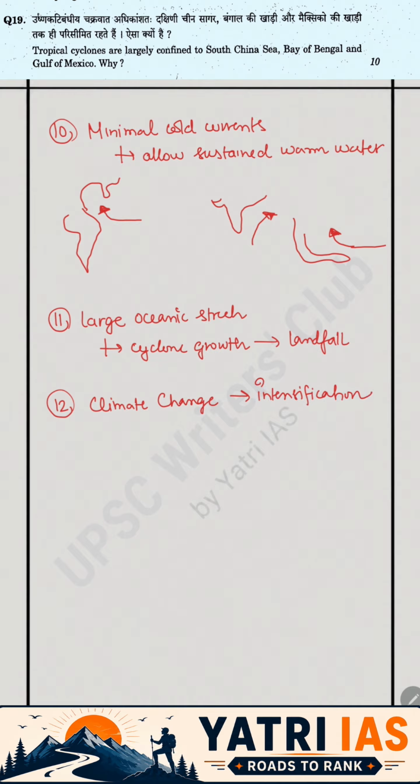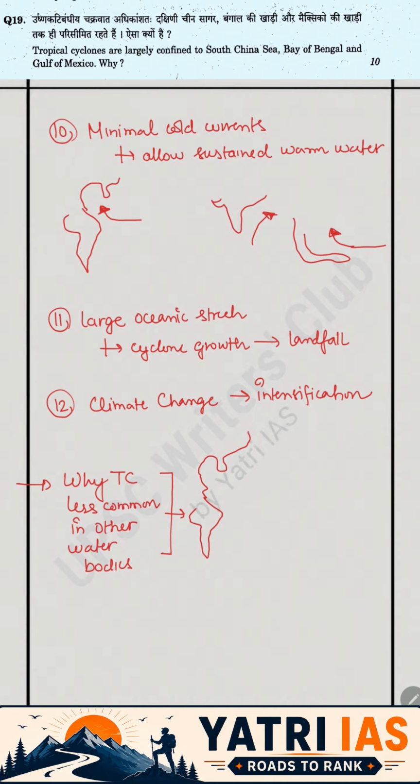After mentioning the reasons why these tropical cyclones are taking place in these regions, you should also mention why these tropical cyclones are less common in other areas, in other water bodies. And the best way to explain this is through a diagram. This is North Atlantic. It's in Mediterranean as well. So this is a little less frequent in this region. Why?